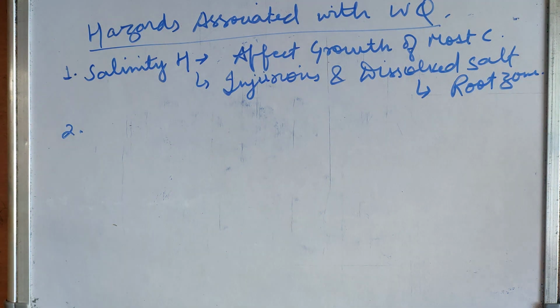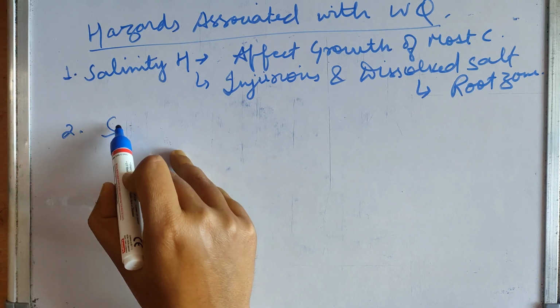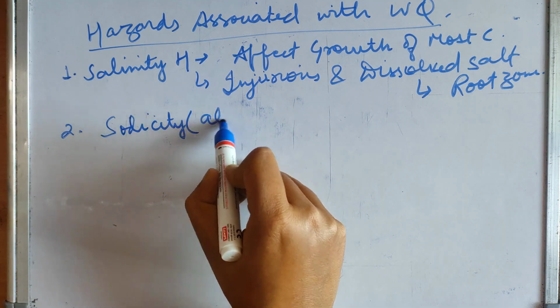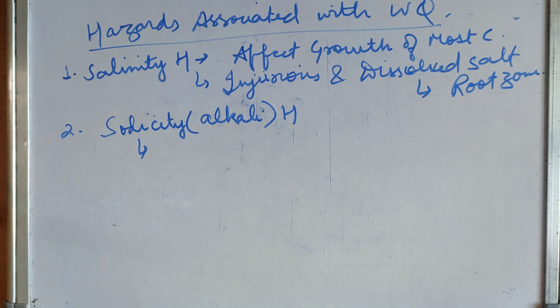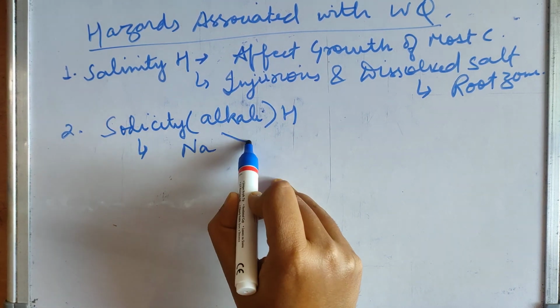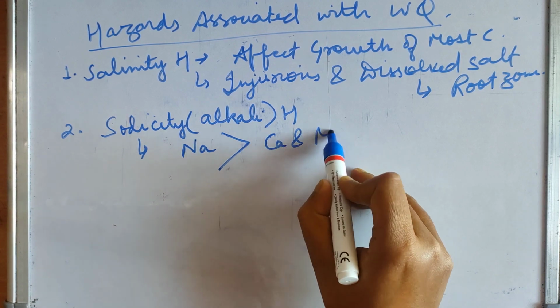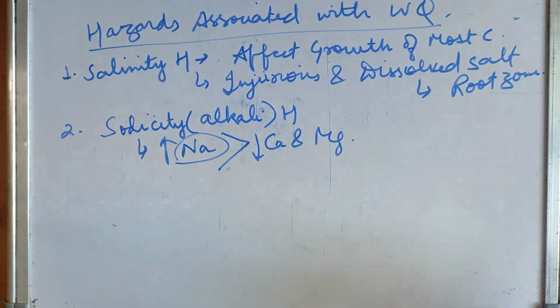The second one is sodicity or alkali hazard, or sodium hazard. It happens when water contains relatively more sodium ions than calcium or magnesium ions.